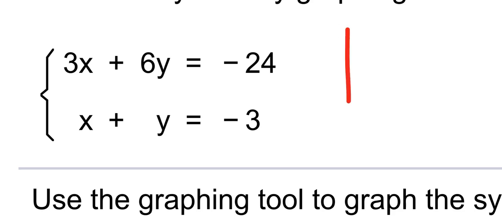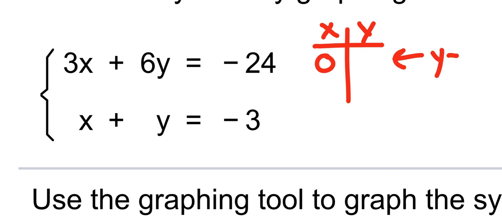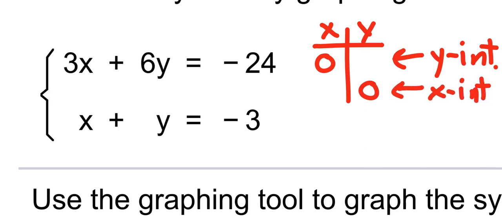Now, in order to find X and Y intercepts, I'm going to make a very brief chart. I'm going to plug a 0 in for X, and if I plug a 0 in for X, I'm going to find the Y intercept. And if I plug a 0 in for Y, I'm going to find the X-intercept. If you plug a 0 in for X into this, 3 times X is how much? 0.